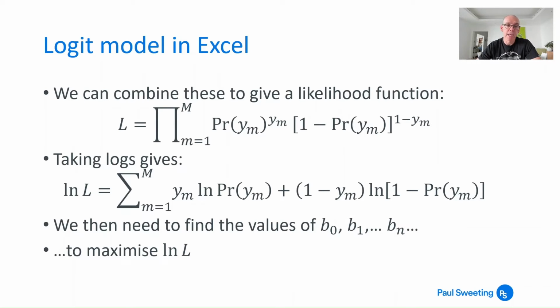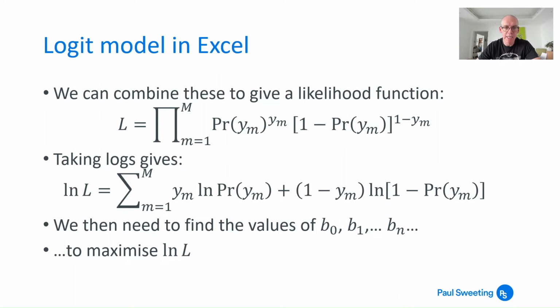Why should we take logs? Well, maximizing a sum is much easier than maximizing a product. And if you take the logs of one thing multiplied by another thing, so all these probabilities multiplied together, instead you get the sum of a whole load of series.